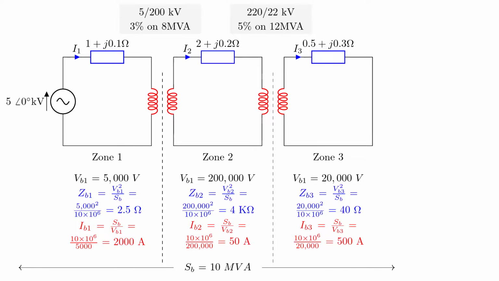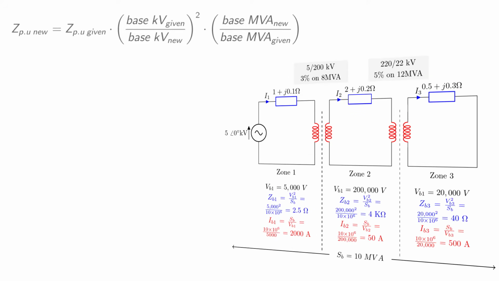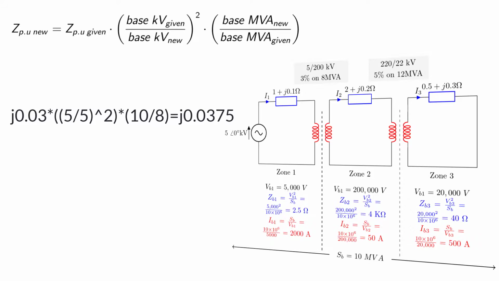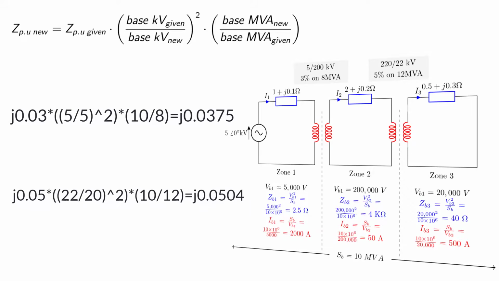But we do have a trick up our sleeve. There's a handy conversion formula which converts the impedance value to a different base. In this case, we wish to convert to new bases that match our system bases. So we simply plug the values in and we get a new percentage impedance. This is now appropriate for our per unit equivalent circuit.